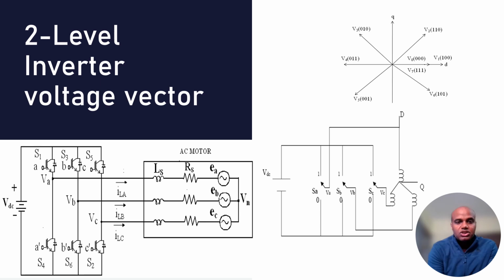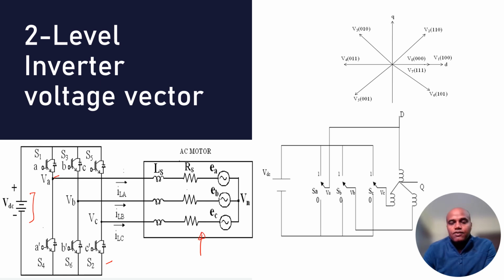This is the two-level inverter. A three-phase bridge converter is taken over here, and the input voltage is, let's say, VDC, and then we have six switches, S1 to S6, and my three-phase motor is connected through this.